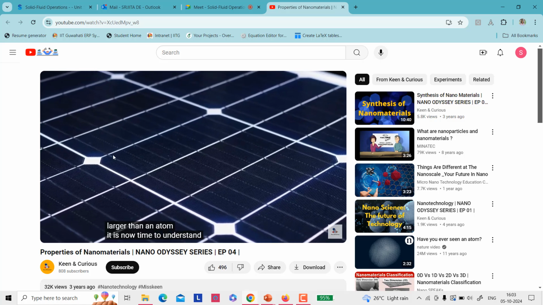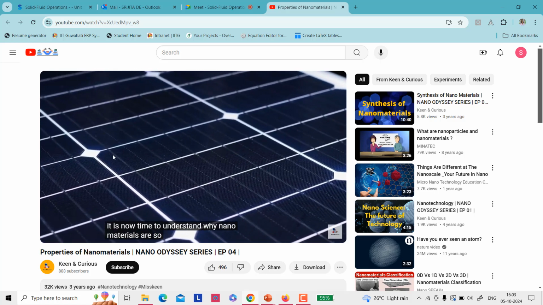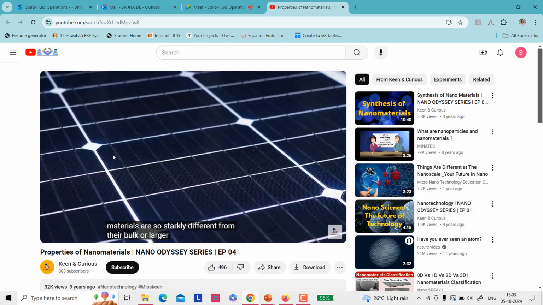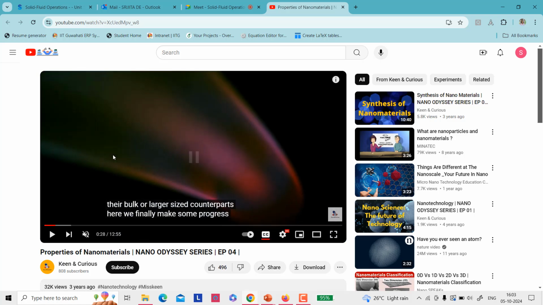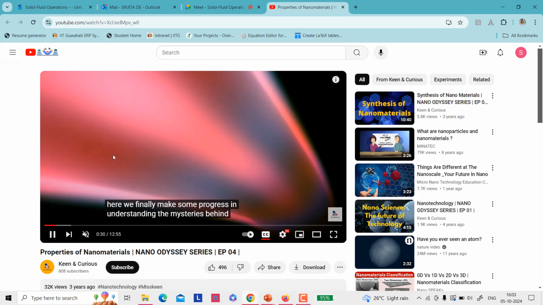Here we finally make some progress in understanding the mysteries behind the strange properties of the Lycurgus Cup and Damascus steel, which we have discussed in brief on our page. We also try to understand why gold is yellow, but a solution of suspended gold nanoparticles can have colors ranging from violet to wine red.